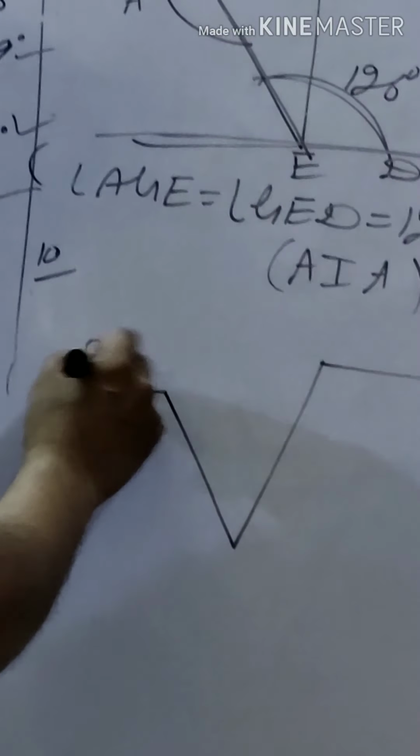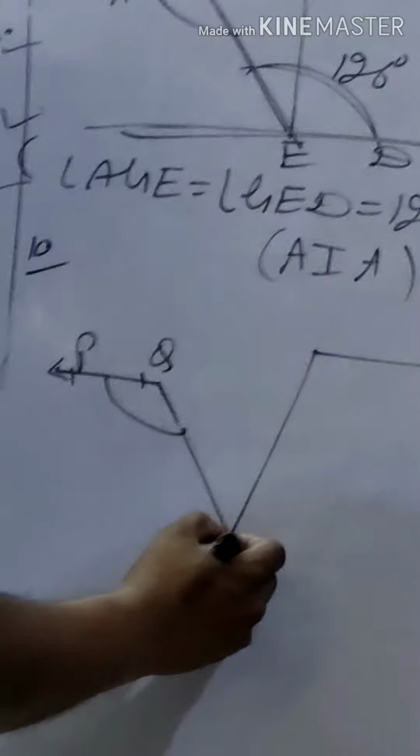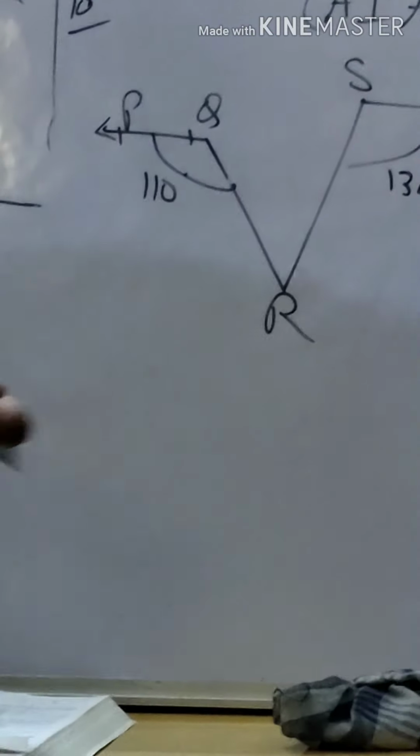Now the 10th question. The 10th question you also know very well if you have revised. So these are PQRST. Clear this? So 110 degrees or 130 degrees. My dear students, we have also done this in the exercise, so again we are revising.